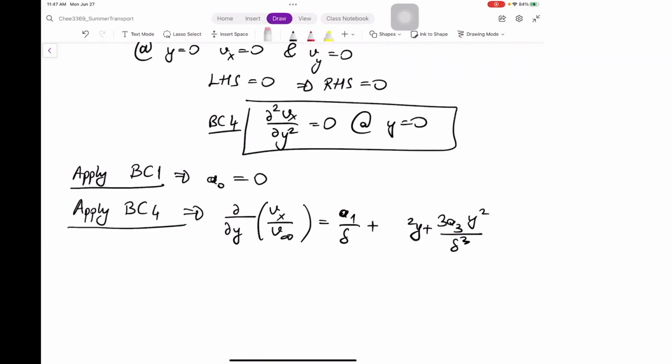Okay, let me write it here. 2a2 over delta squared y plus 3a3 over delta cubed y squared.